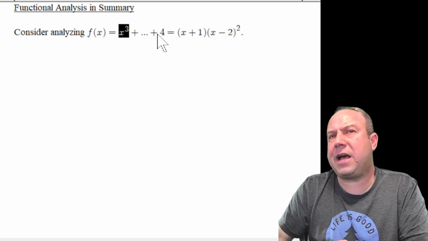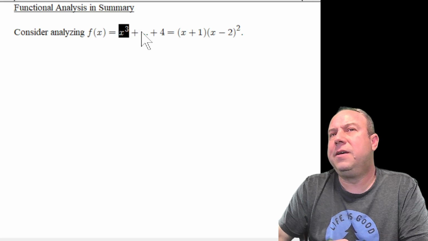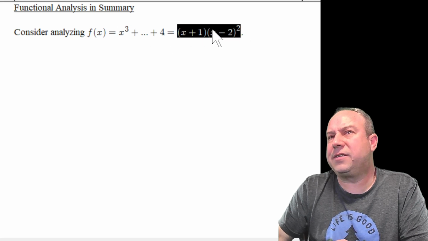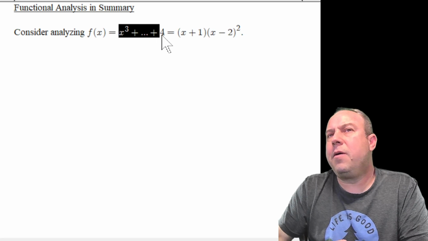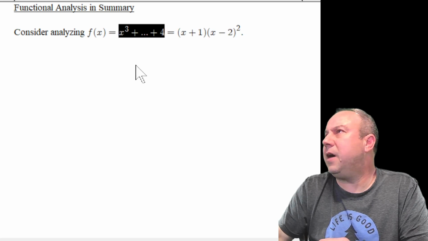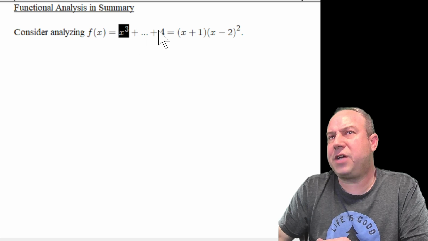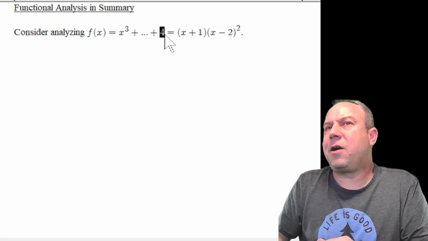Remember, in our analysis of polynomials, the factored form will give us our x-intercepts, but the unfactored form, the general form of a polynomial, will tell us about end behavior and our y-intercept.